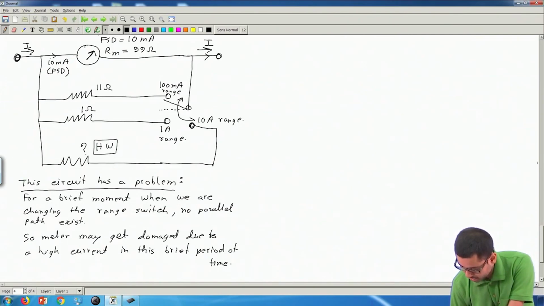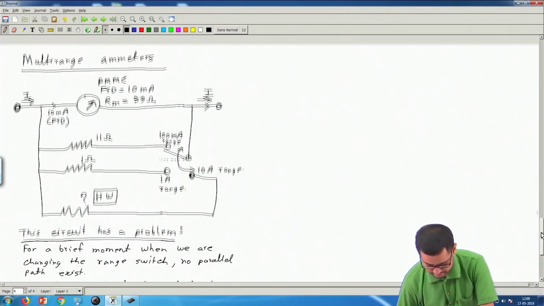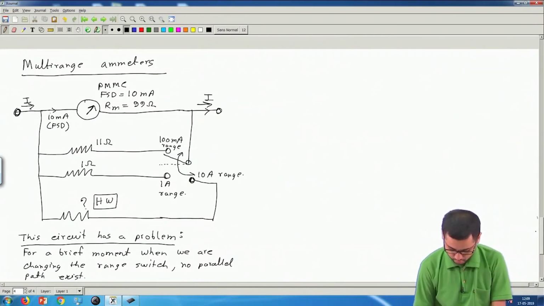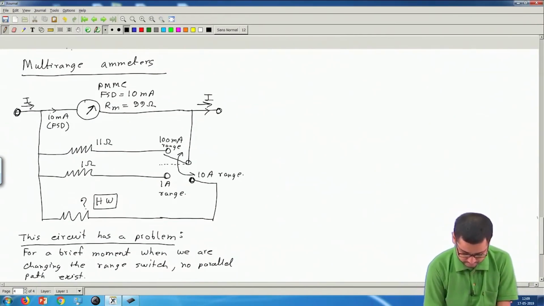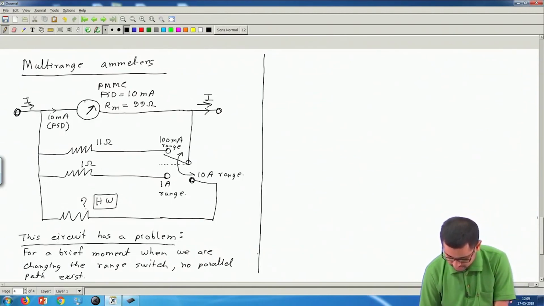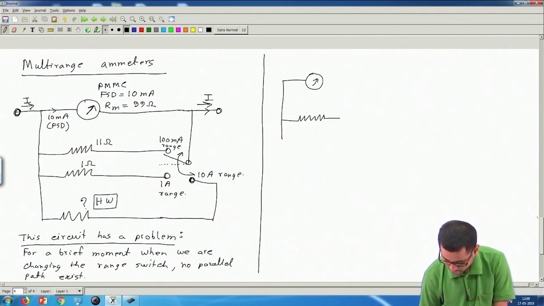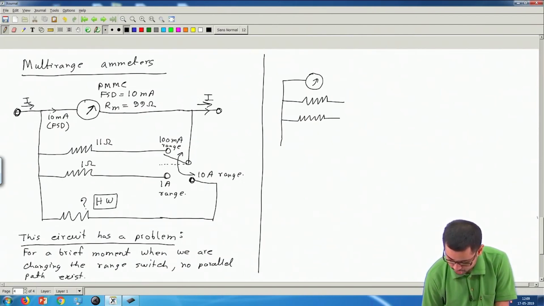Okay. So one solution is this. The solution is very simple. I will use a different type of switch which is called a make before break switch.